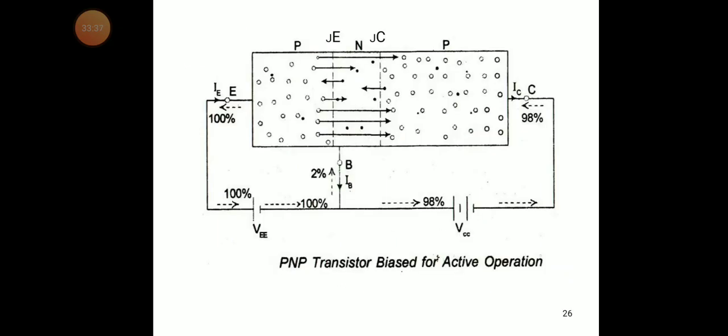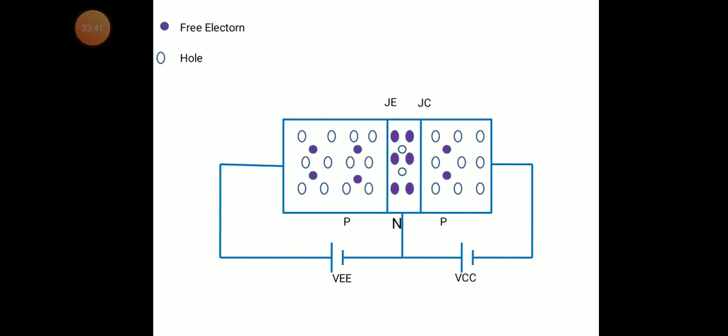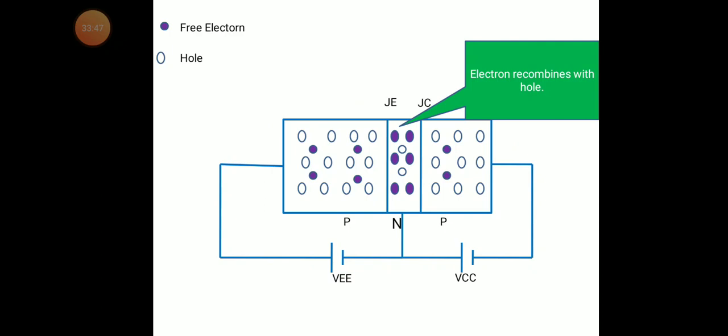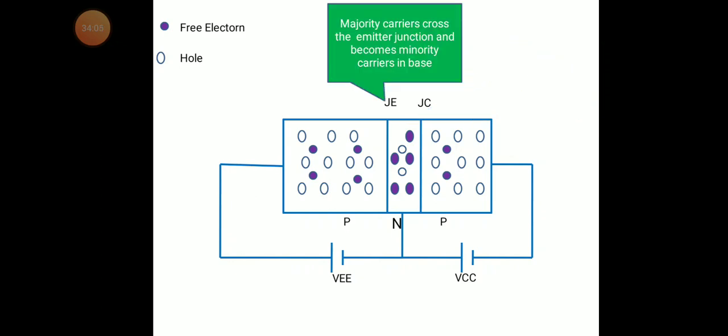You see here the free electrons, the filled bubble is the free electron, and that is a hole. You can see electron recombination with the hole. From the P type material, the hole is going to the junction and recombining.